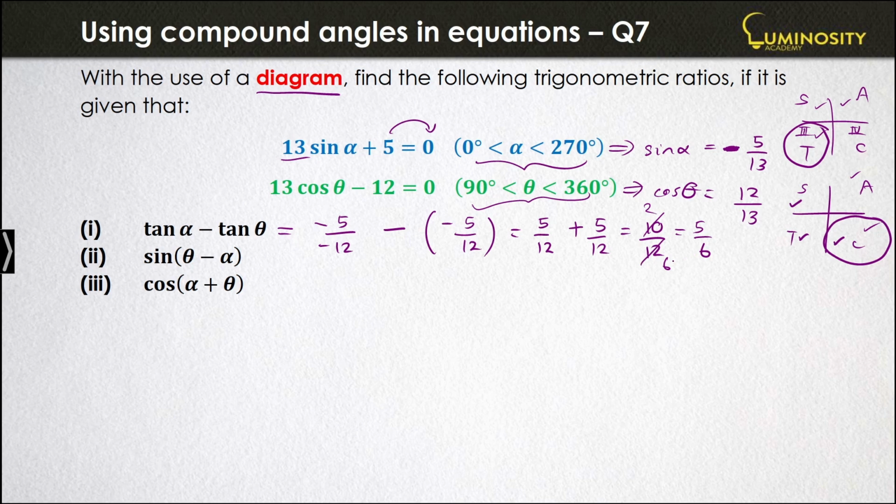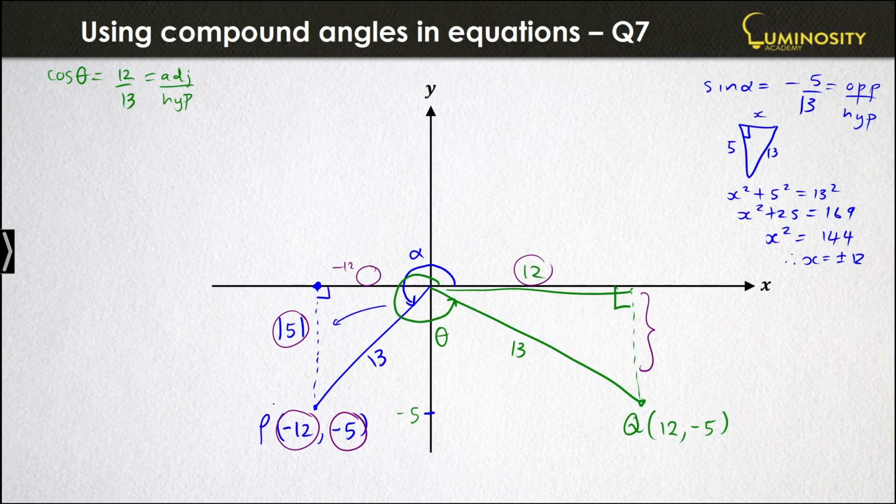Okay, now what about sine of theta minus alpha? Well, I can use compound angle formulae here. So it becomes sine theta cos alpha minus cos theta sine alpha. Now sine theta, if we go back here, sine of theta is opposite over hypotenuse, so negative 5 over 13.